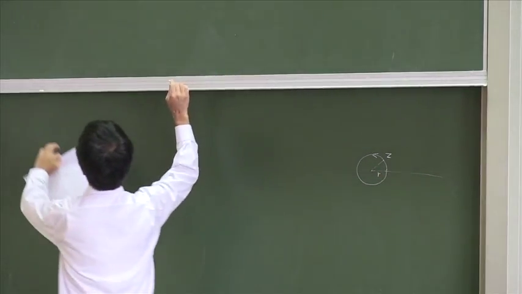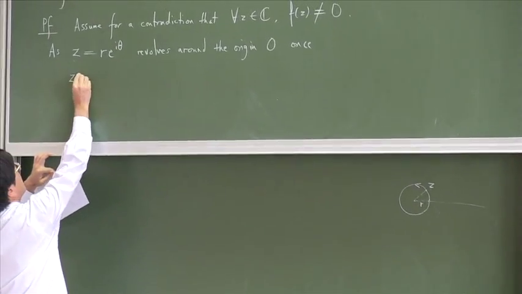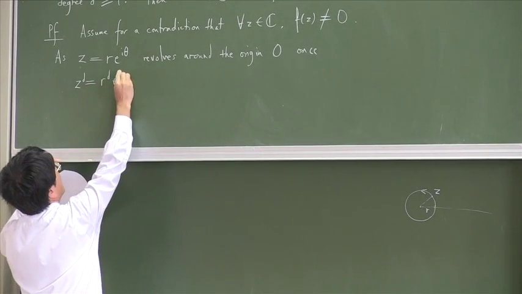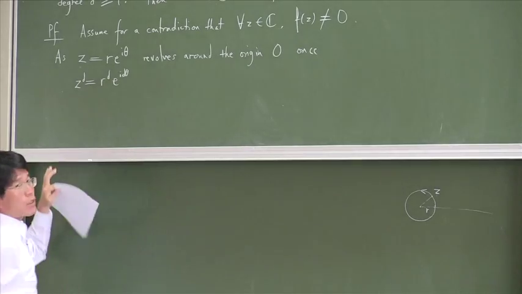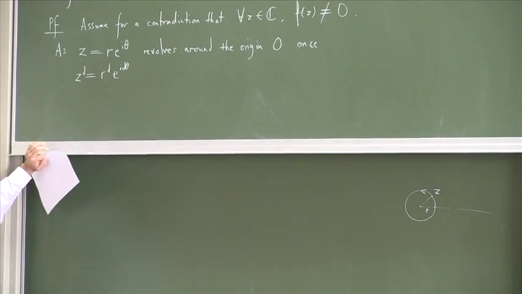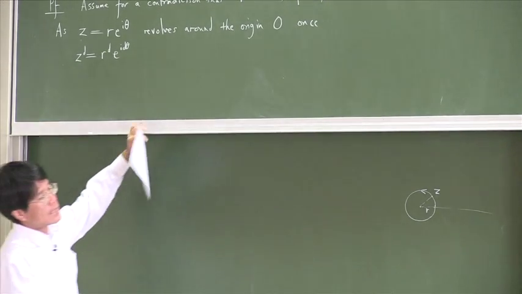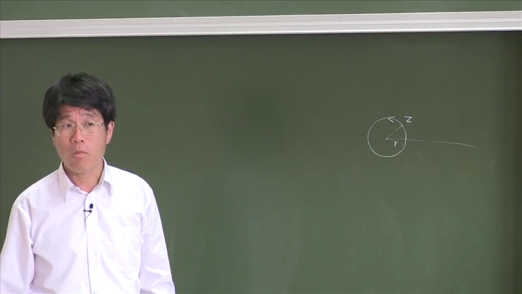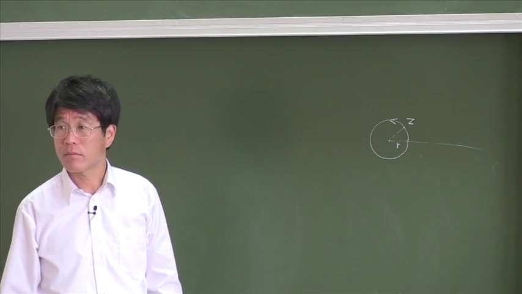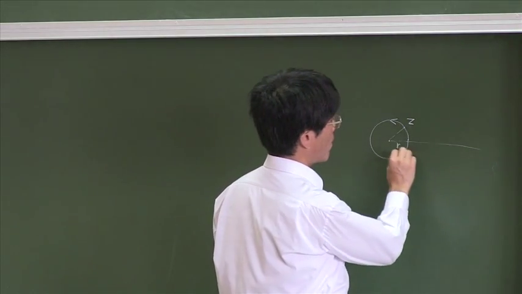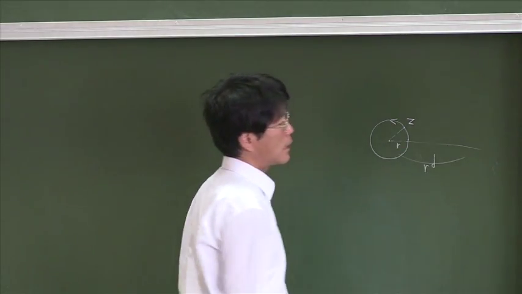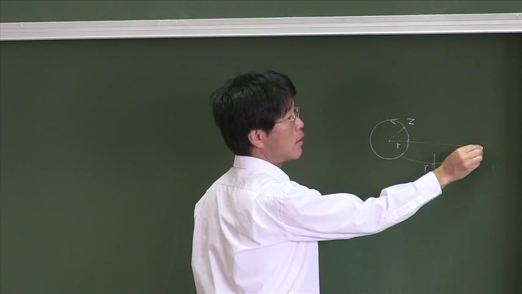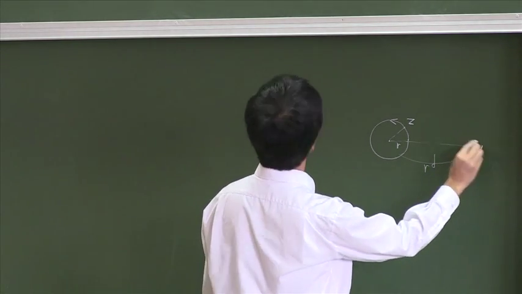Let us look at what z^d does. z^d is r^d times e^(idθ). You can think of the case when d equals 2, for example. When z goes around the origin once, what does z squared do? This is the radius r^d. What does z squared do? It starts from here, and then, don't you know?